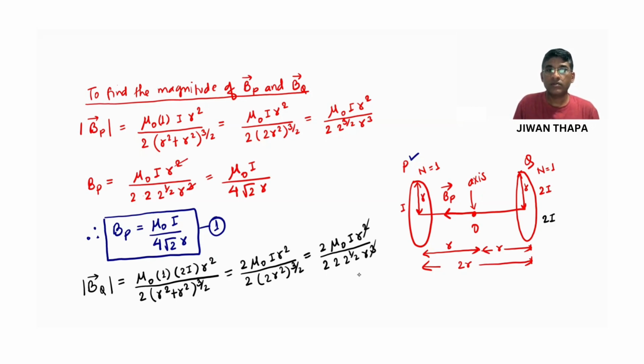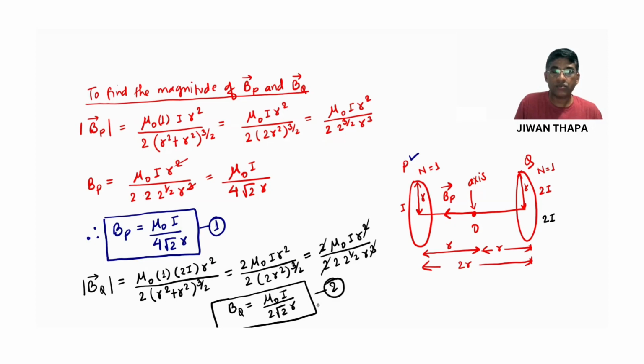So this cancels out. Now, let me cancel this. So finally, we get BQ equals mu naught I by 2 under root 2 R. So we have this. Let us call it equation 2. So we have this. And we know direction of BQ at point O is towards Q.